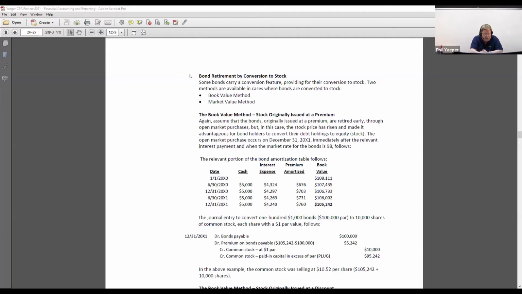So the interest expense should be made up of what? The interest payment you make of 5,000. The amortization of the bond premium is going to do what to your interest expense? It's going to bring it down, isn't it? So look here. The interest expense is 4,324.